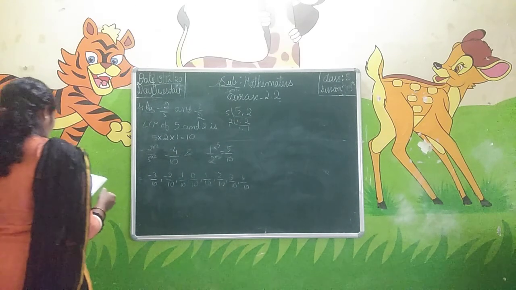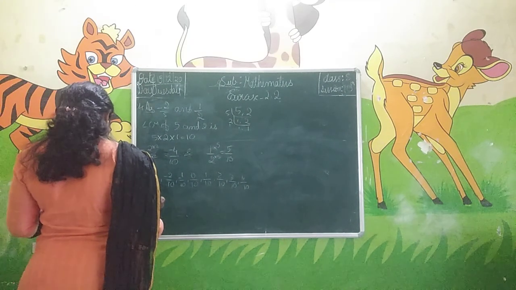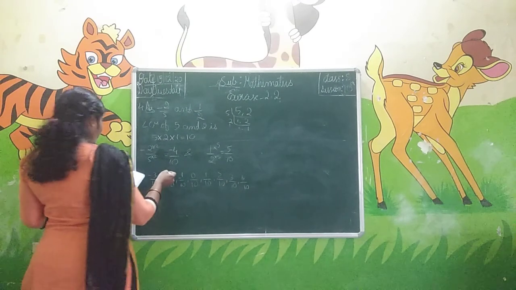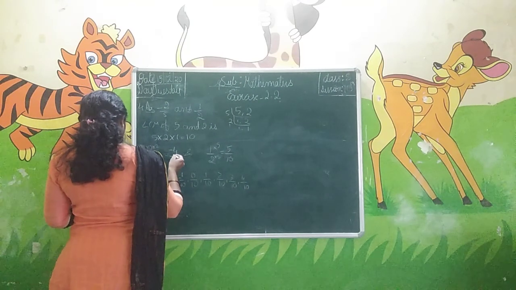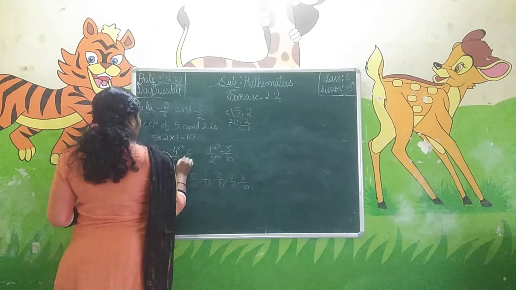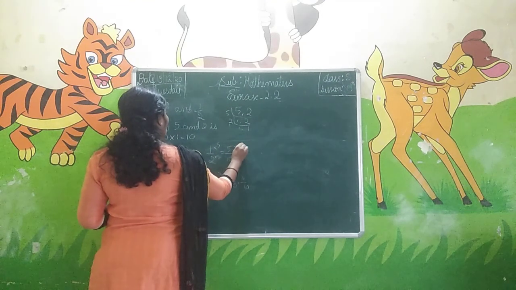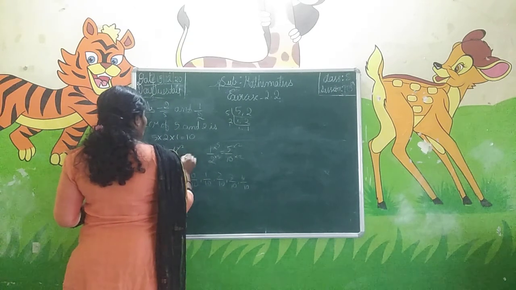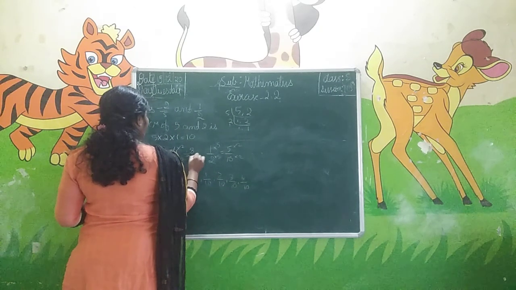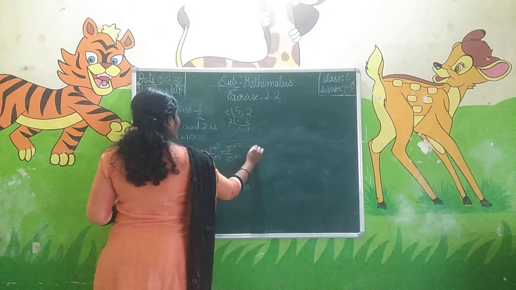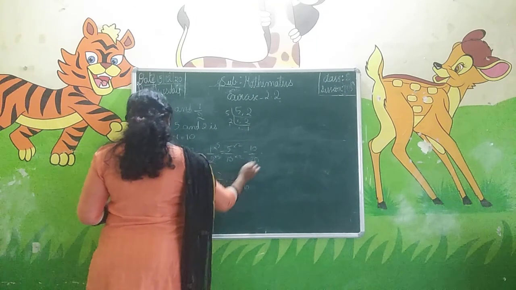So again we have to multiply with 2 to make the equivalent fractions. That is 4 into 2, 10 into 2, and 5 into 2, 10 into 2. We get 4 2s are 8, 8 by 20, and 5 2s are 10, 10 by 20.